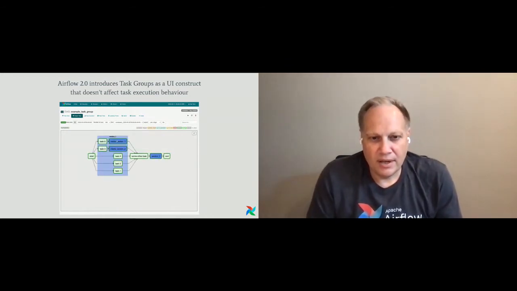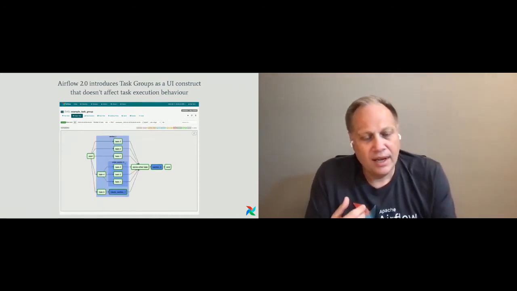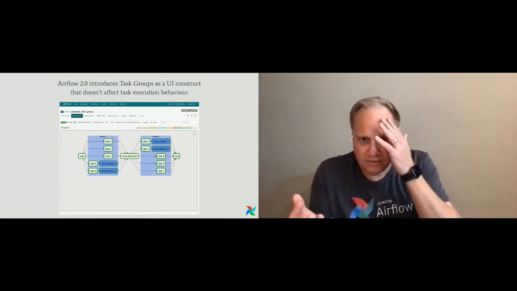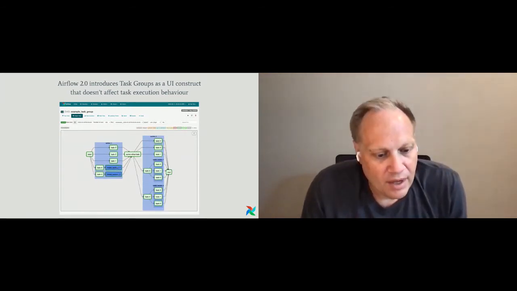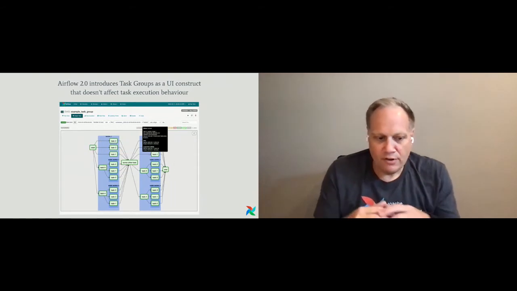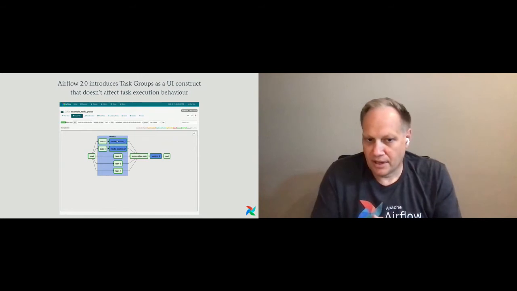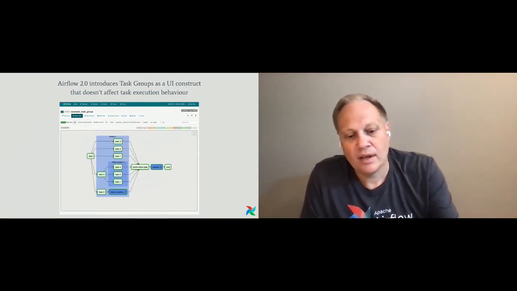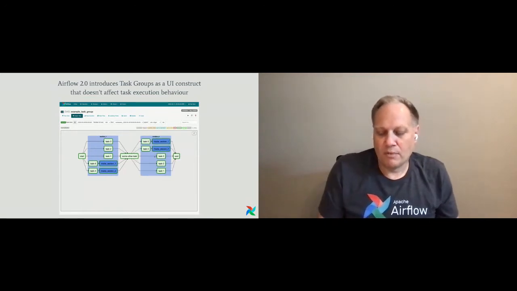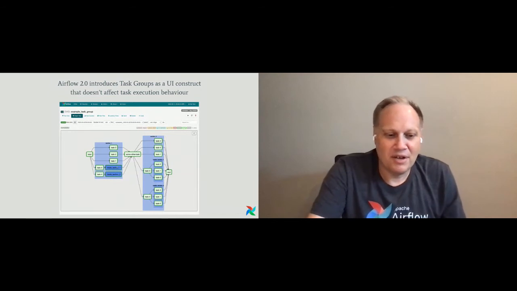So it's just a nice way to provide a UI hint of sorts. It doesn't change how the tasks execute. It's just a UI improvement. And it makes it much easier to reason over a larger, complicated DAG that has many, many tasks. Sometimes DAGs have upwards of hundreds of tasks. So the community really was looking for a way to be able to fold and unfold parts of the tree.